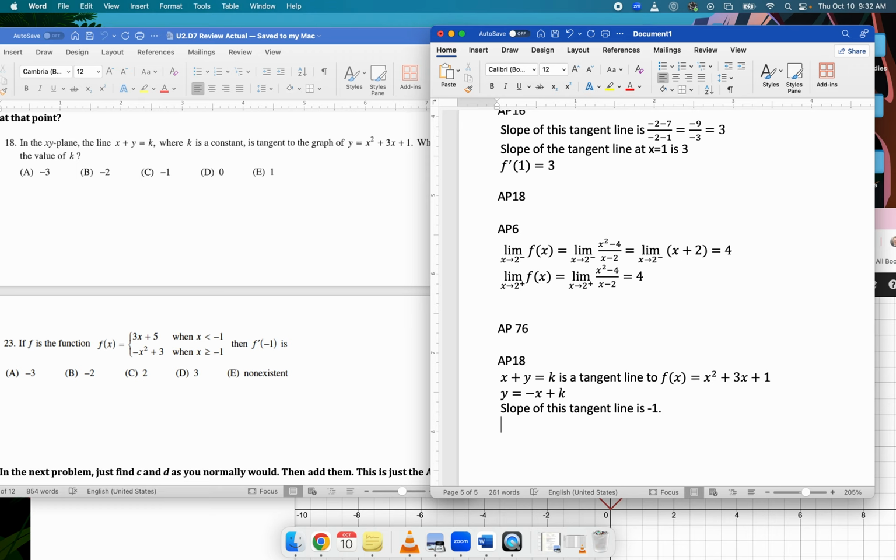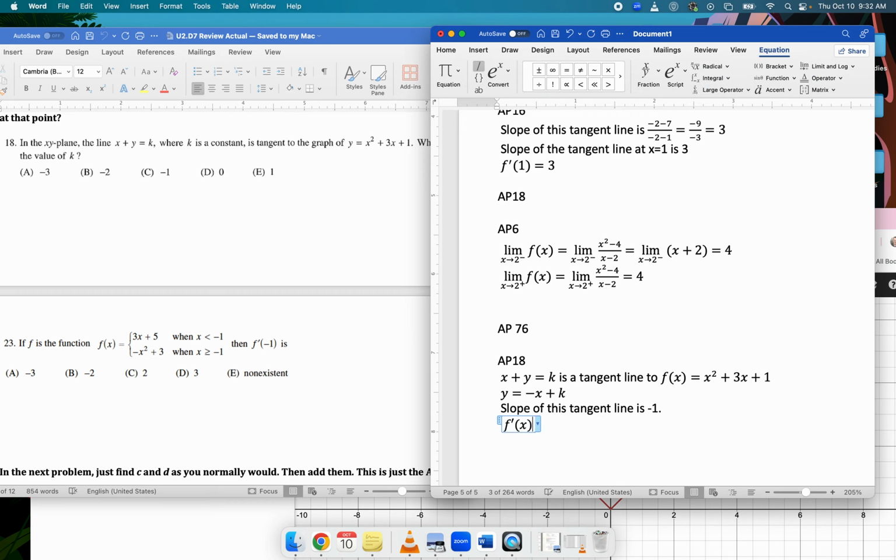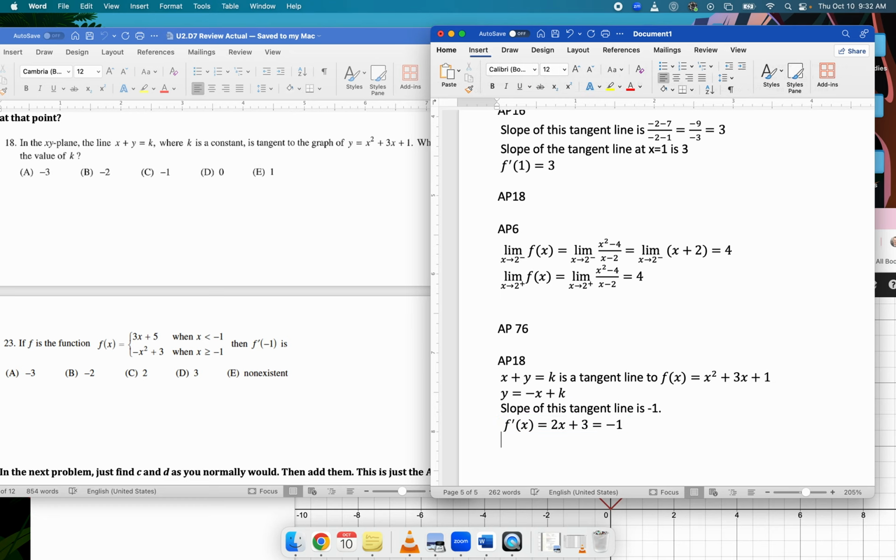So wherever this is the tangent line, the derivative of this function is -1 there, right? And that's the clue I use to figure out where this is the tangent line, because it's where the derivative is -1. So there's the derivative. I set that equal to -1 and solve.